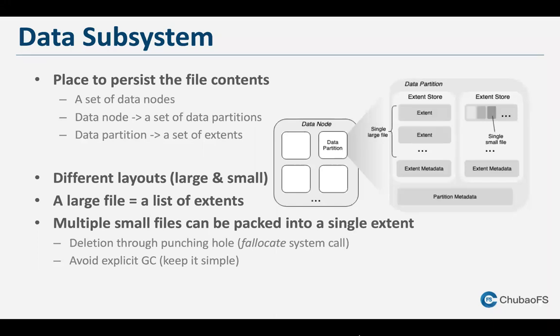We have a pre-allocated space reserved for small files, so we just write those small files into those pre-allocated extents. And for the large files, we do the allocation on the fly, allocating and appending just as we show here in the figure, one by one.